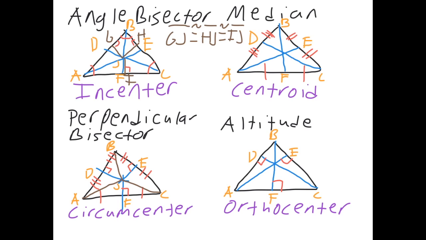So that means AJ is congruent to BJ is congruent to CJ. Alright, so the last one I want to talk about is the centroid. I'm not talking about the orthocenter because there's not any special properties about it, at least none that I want to talk about.